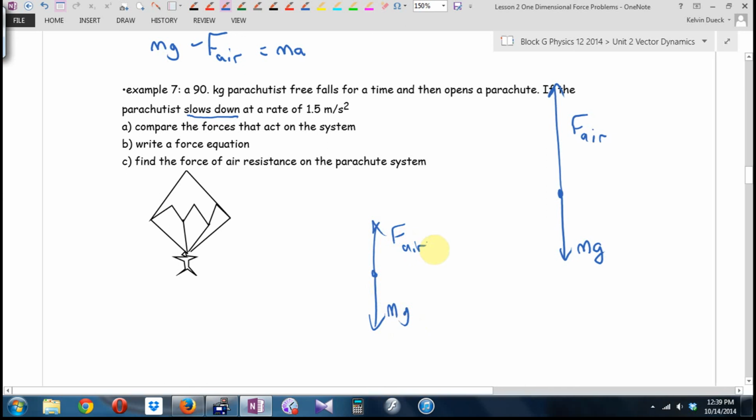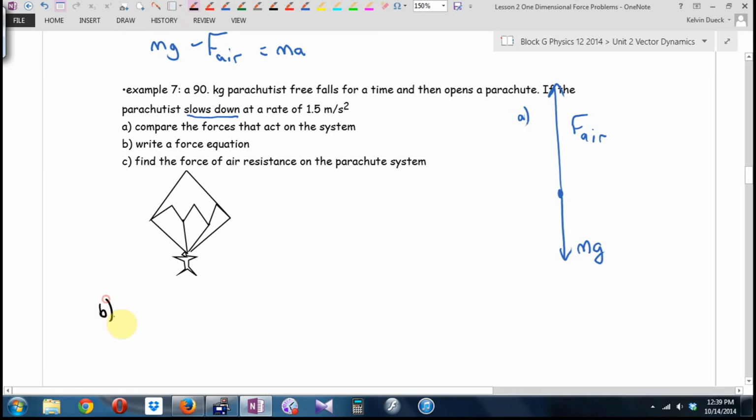And this is also called terminal velocity, but the idea is for a parachute, terminal velocity is survivable as opposed to straight free fall, because air resistance for the parachute is a much bigger force than for a human body. So comparing the forces, there it is.